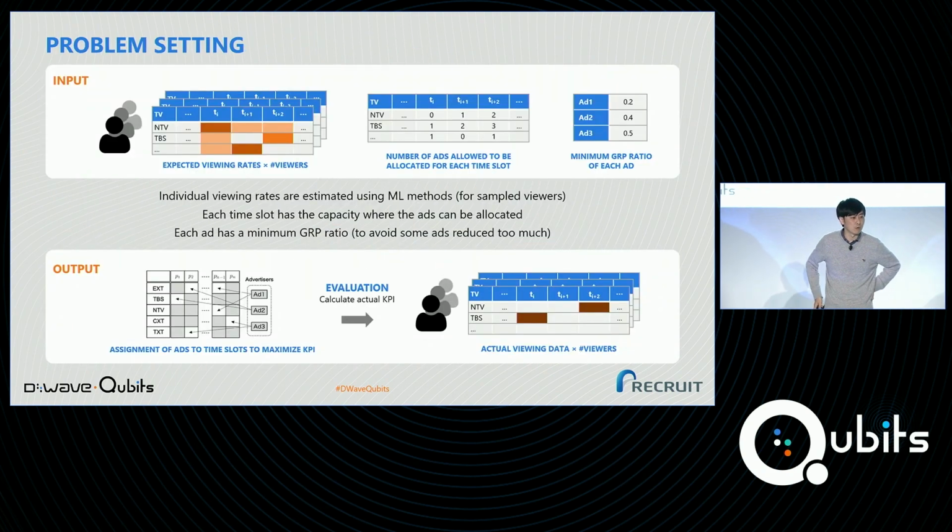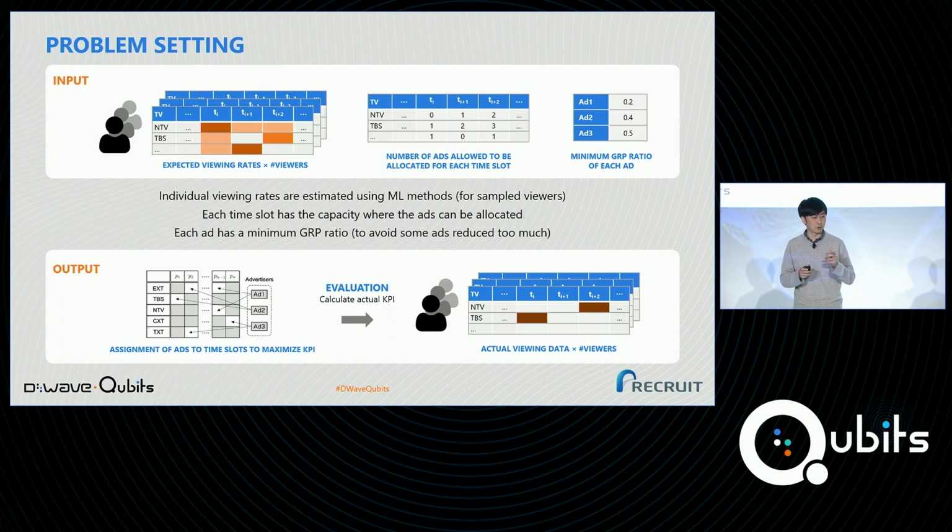So now let's move on to the problem setting. As the input, we have an expected viewing ratio for each viewer and for each time slot. This estimated value can be calculated by some machine learning method. And also, we have a capacity for each time slot.